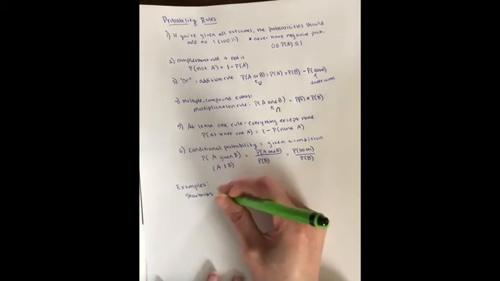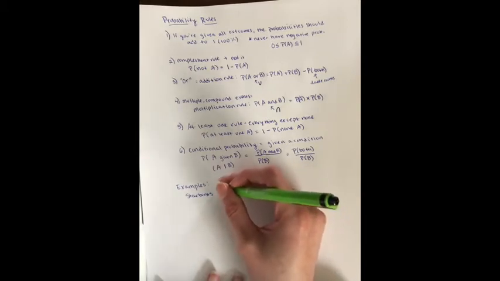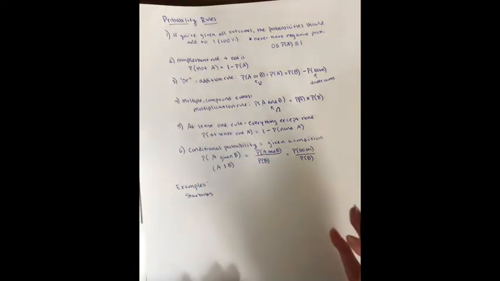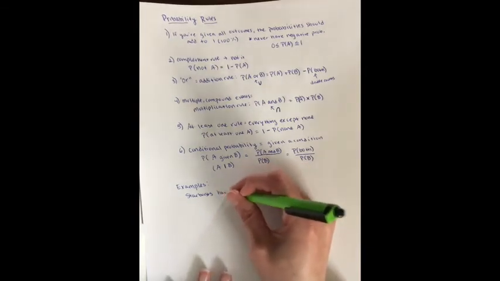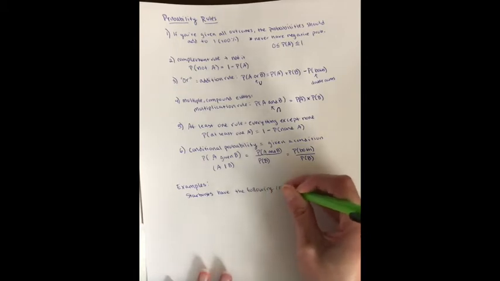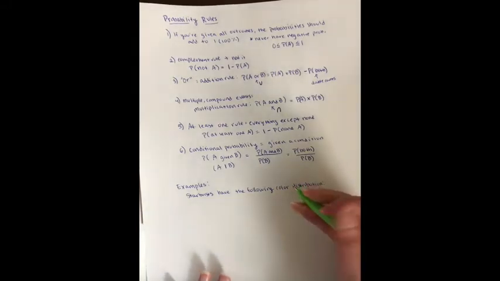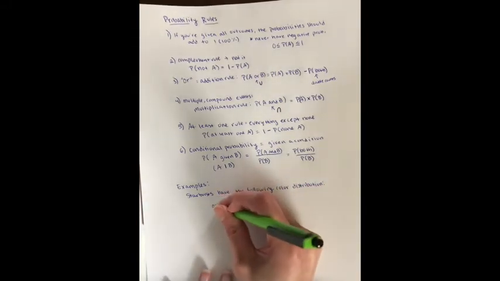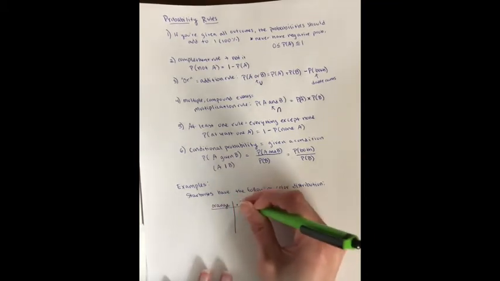So let's say we're looking at thousands of Starbursts, all the possible Starbursts coming out of the manufacturing plant. Starbursts have the following color distribution. When we say distribution, we just mean how the colors are distributed. So orange, this is not true, but we're just going to go with this.